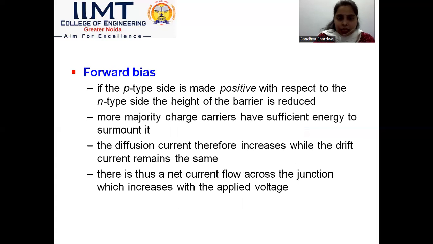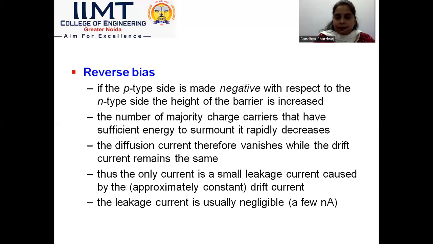More majority charge carriers have sufficient energy to surmount it. The diffusion current therefore increases while the drift current remains the same. There is thus a net current flow across the junction which increases with the applied voltage.